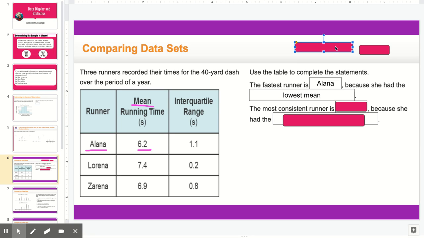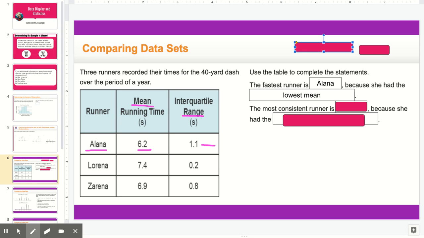Okay. Then the most consistent runner. Consistent means that this person can do it at the same time, mostly every single time this person runs. So we need to think about what is range. Okay, range is the difference from the smallest to the largest. Well, if this person has a very large range, like Alana or Elena, that means it's a variety.